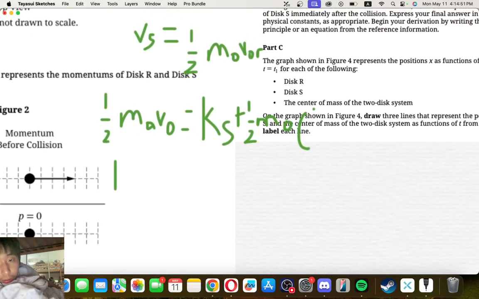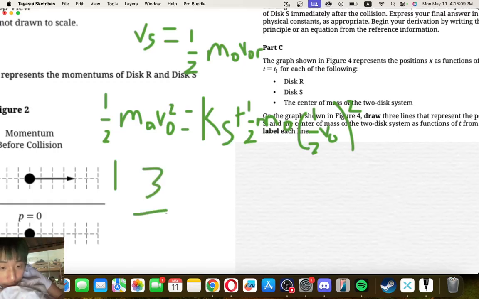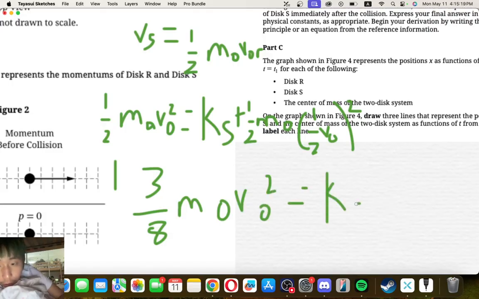So we just plug in 1/2 VO in there, square it, I forgot the square here, and then that's 1/4, 1/8, so then it's 1/2 minus 1/8, that's 3/8, I think, MO VO squared equals KS final.